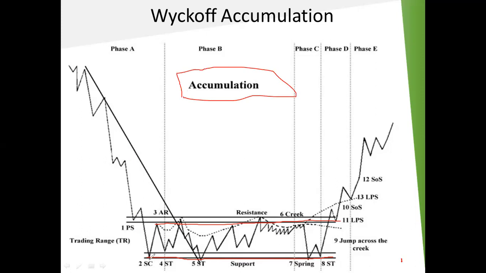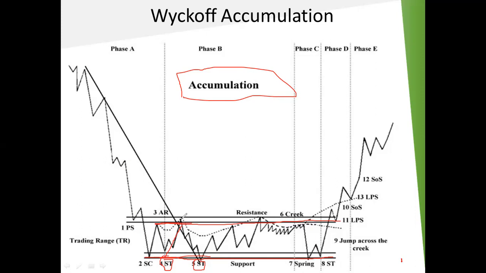To identify this, people normally look for a secondary test. A secondary test means they are testing the selling climax bottom, the low made by the selling climax, which forms a support level. When this appears, price will go upwards.